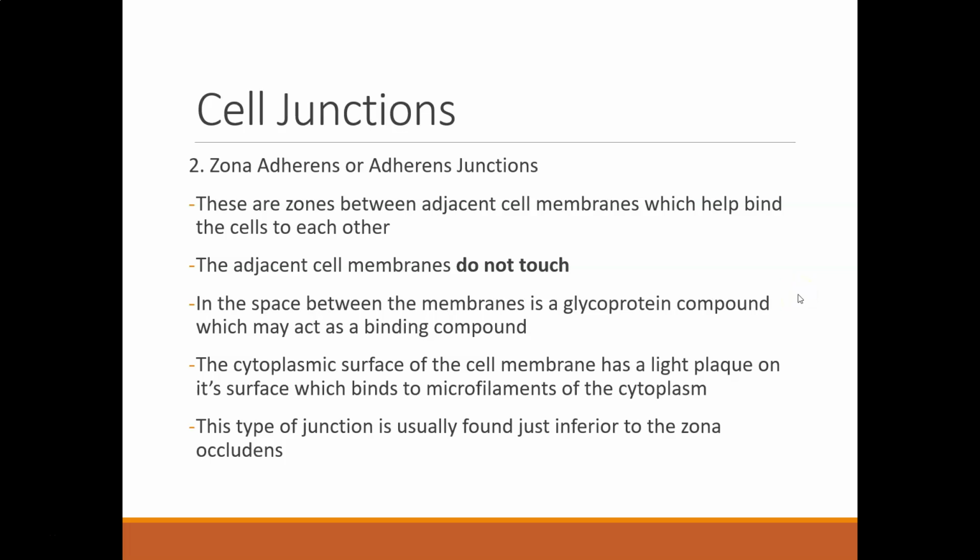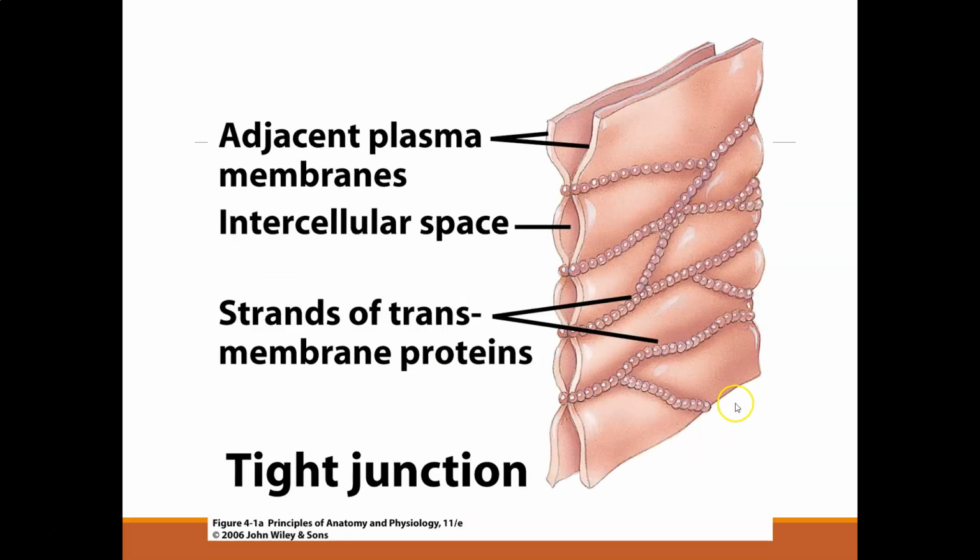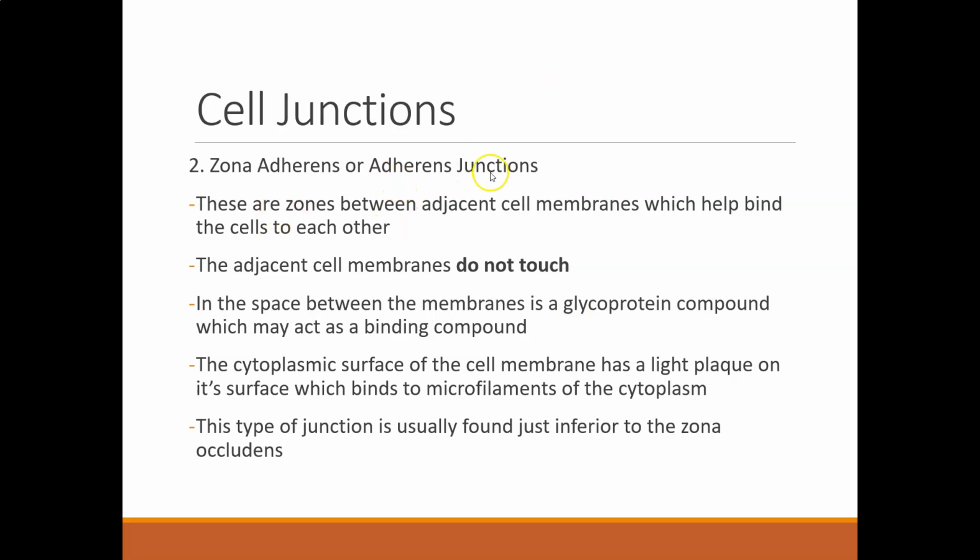Our second type of cell junction is known as the zona adherens, or an adherens junction. And these are zones between adjacent cell membranes which help bind the cells together, but the membranes do not touch. So in the tight junction, the membranes touch. In the adherens junctions, the membranes do not touch.